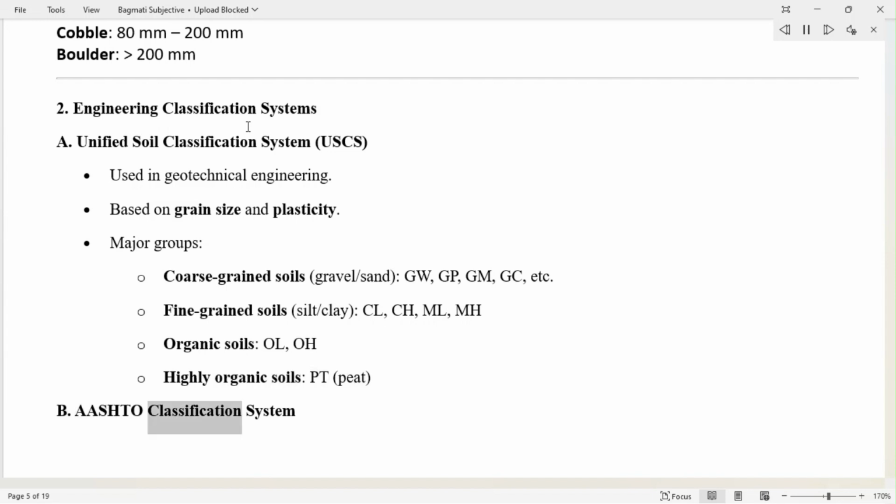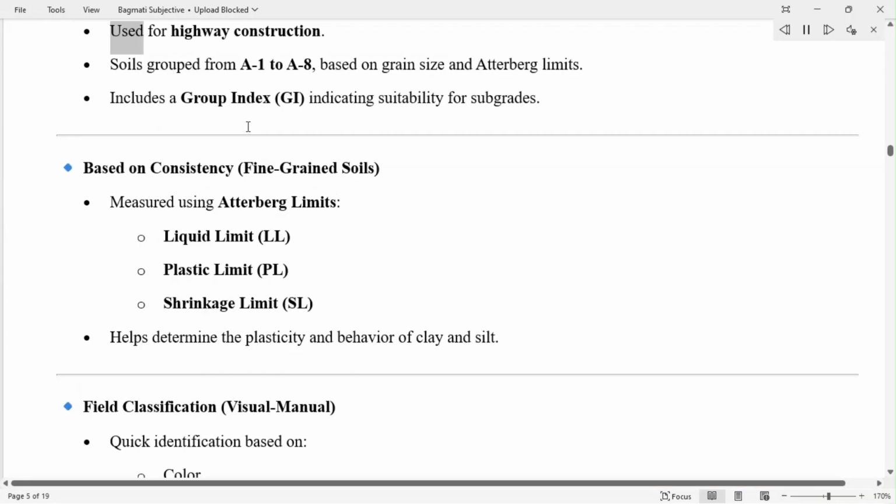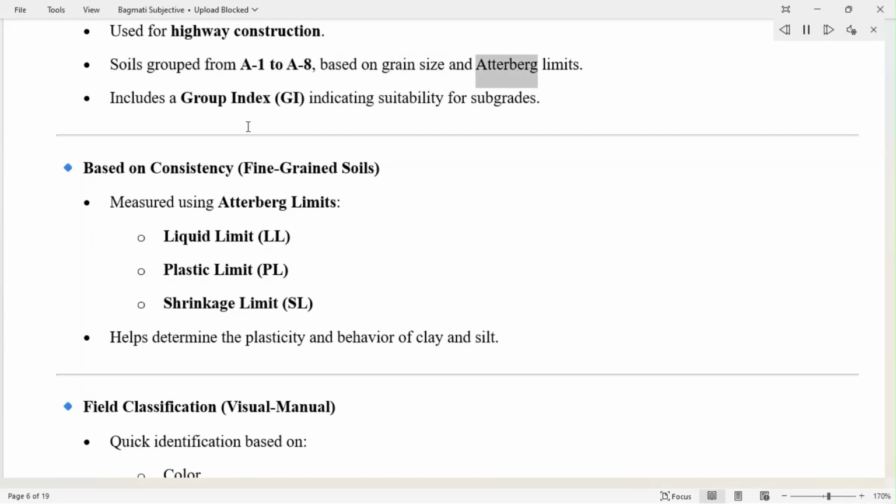B. AASHTO classification system, used for highway construction. Soils are grouped from A1 to A8, based on grain size and Atterberg limits. It includes a group index, GI, indicating suitability for subgrades and pavement. 3. Classification based on consistency of fine-grained soils, measured using Atterberg limits: liquid limit, LL, plastic limit, PL, and shrinkage limit, SL.